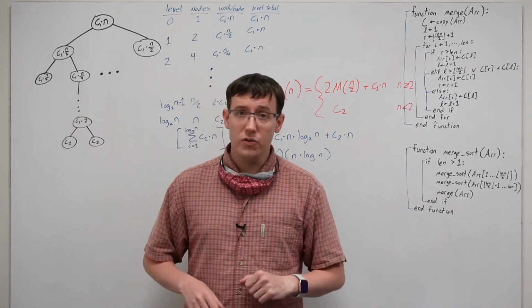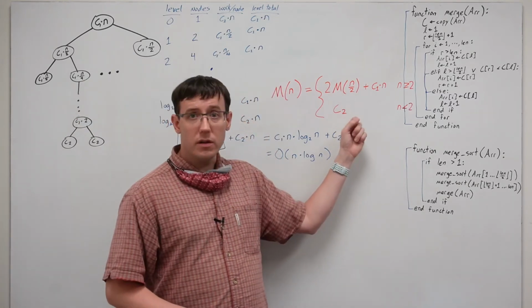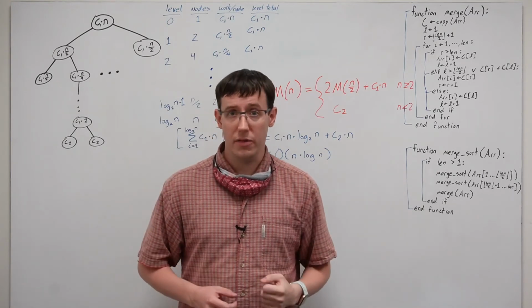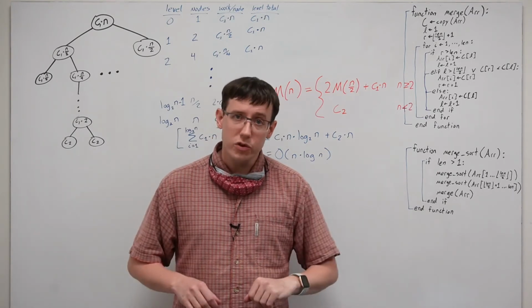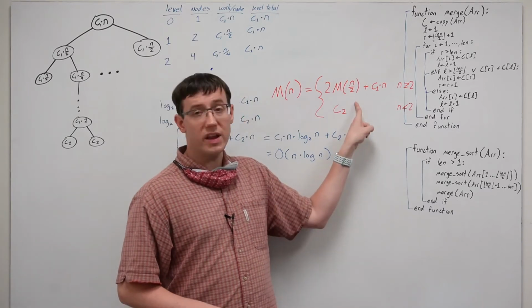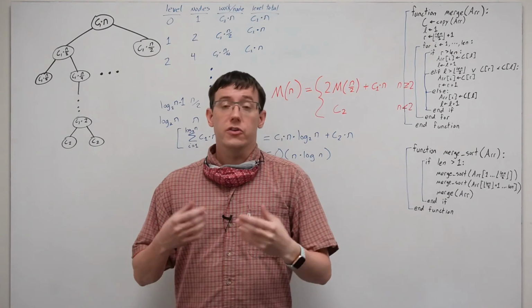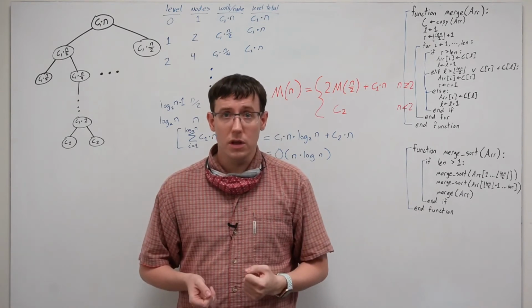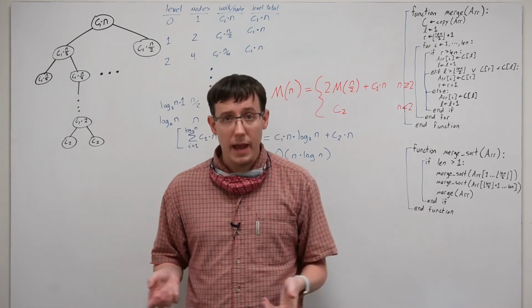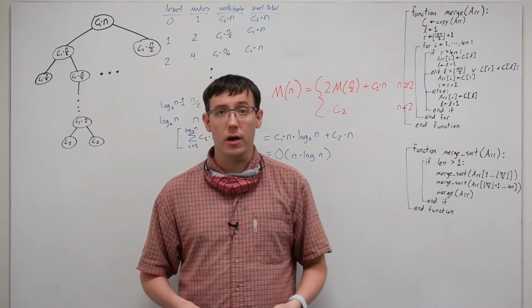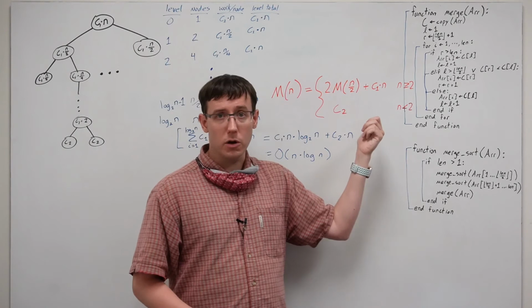The second approach that we'll consider to solving running time recurrences is known as the substitution method. And the goal of the substitution method is to prove inductively an upper bound on this recurrence. The starting point for substitution is to have some guess as to what type of function we think might give us an upper bound on the recurrence.